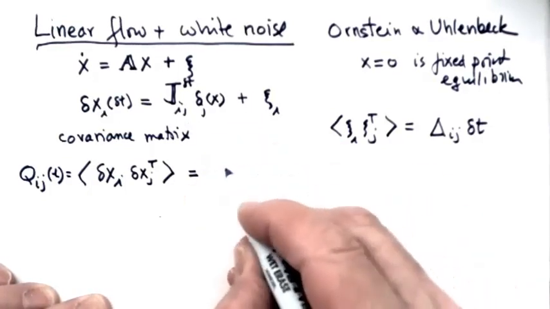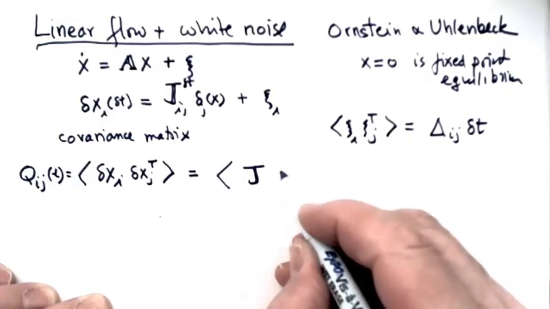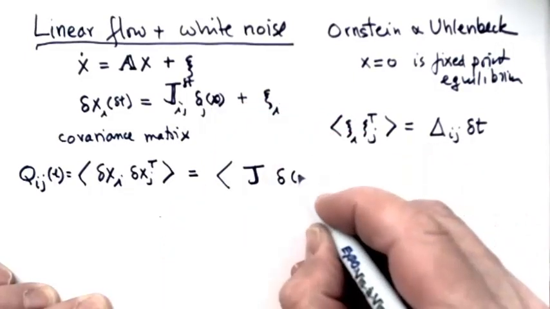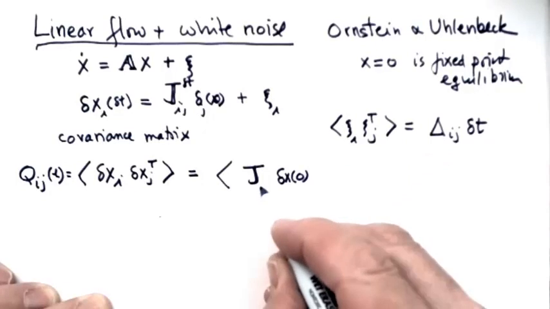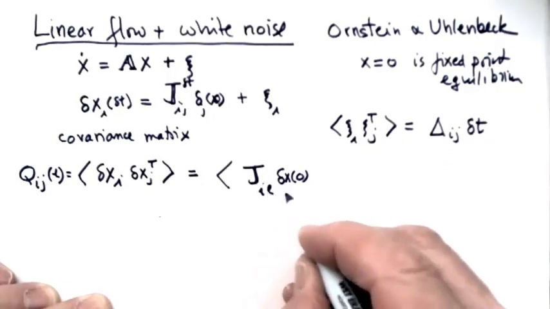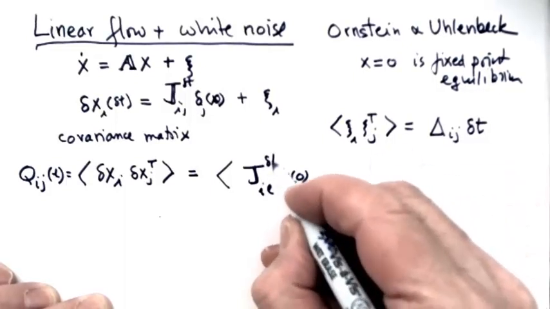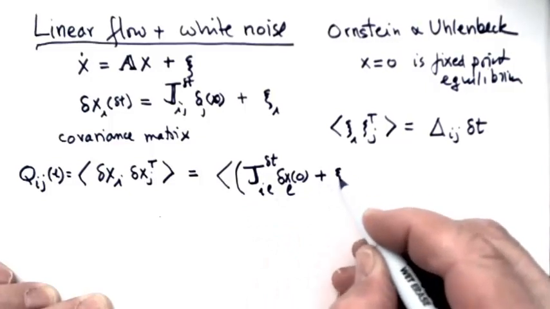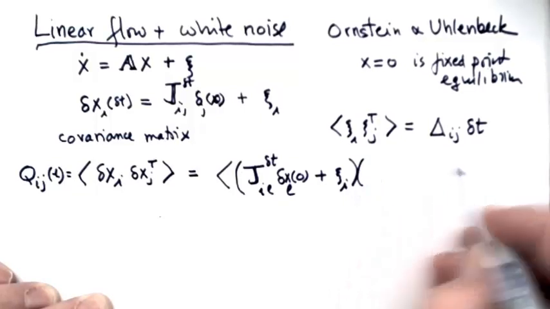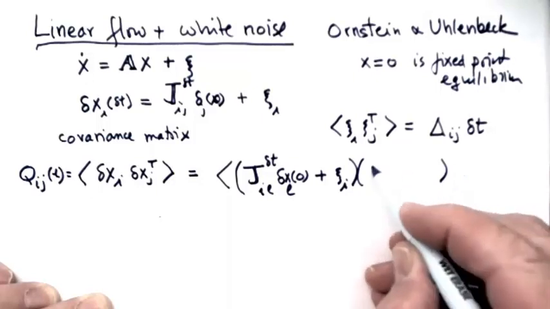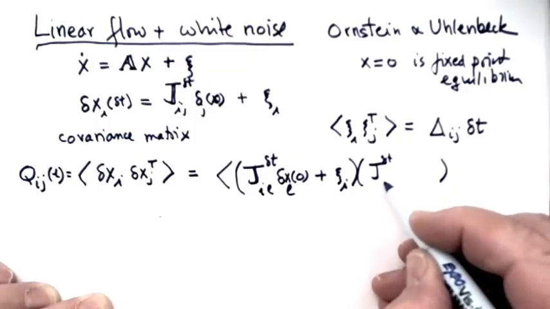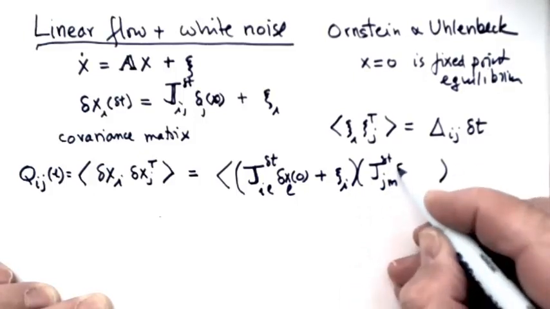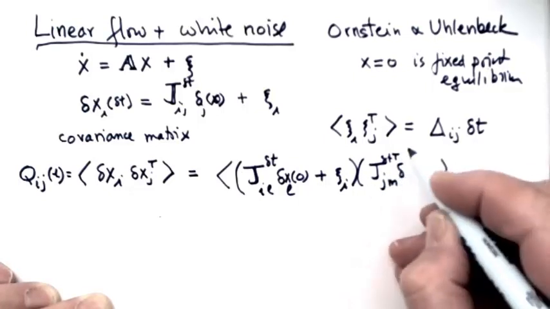Put our formula here, and that's the same as the expectation value of the initial delta x at time 0, summed over indices i, l, we go the time delta tau, a small time forward in time, plus the noise accrued by that time, and then we multiply this by the transpose, which is j m delta t transposed.